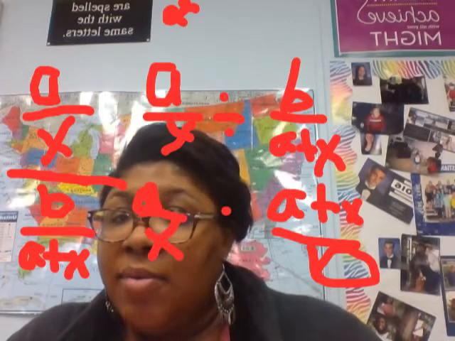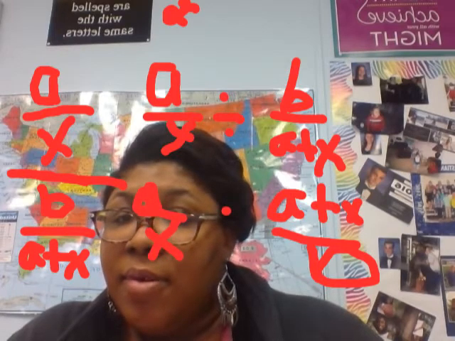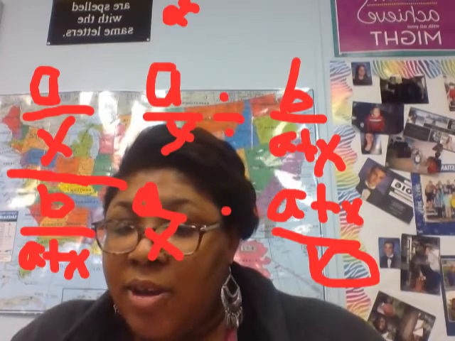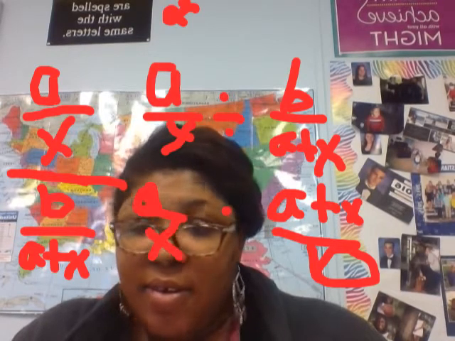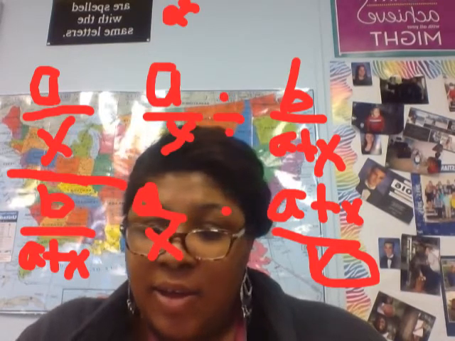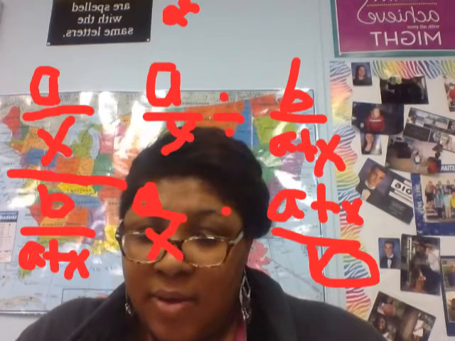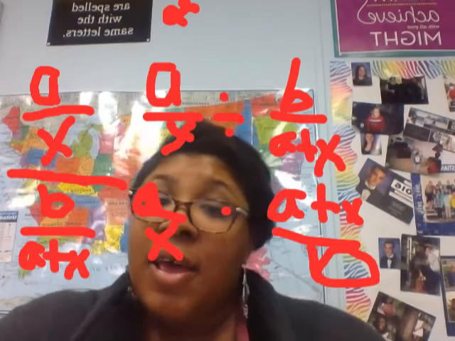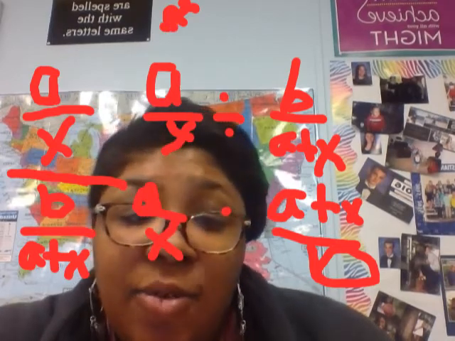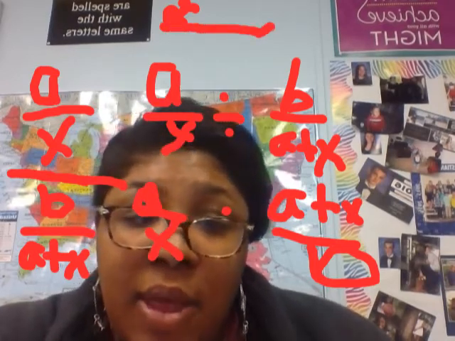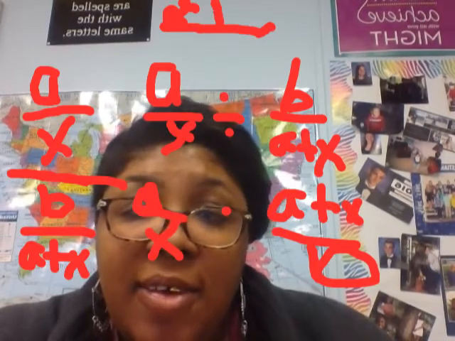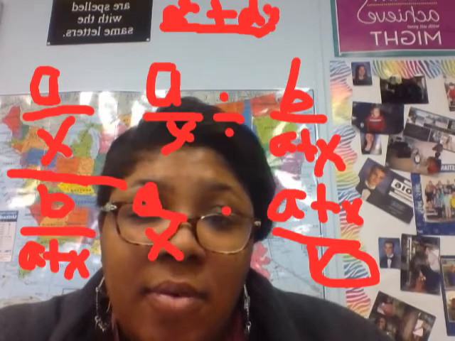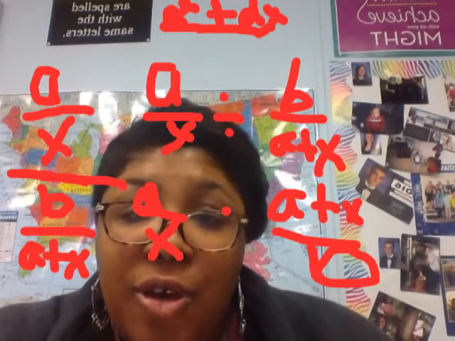I want to erase just one little part, but it's not working out that way. But this is A squared, okay? And that would be plus AX over XB.